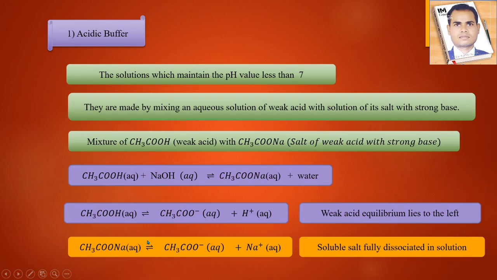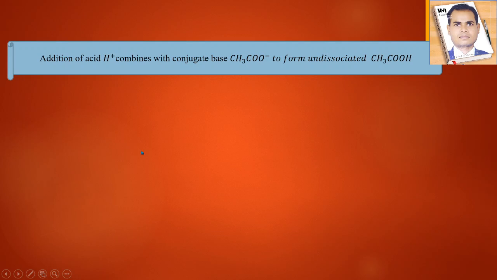Here the salt will form: CH3COO minus plus Na plus. This also dissociates in this way. A soluble salt is fully dissociated in the solution. If you add acid to the conjugate base, it will form the undissociated molecules, CH3COOH.